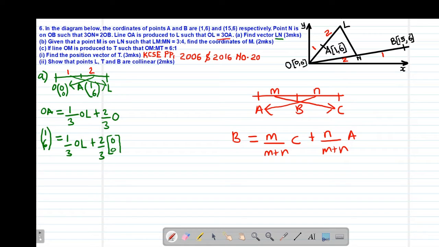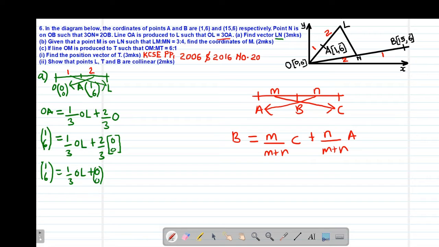But we know that when you multiply 0 with any number, the answer will be 0. Therefore, it means that 1, 6 should be equal to a third OL, then of course plus 0, or simply put 0, 0.